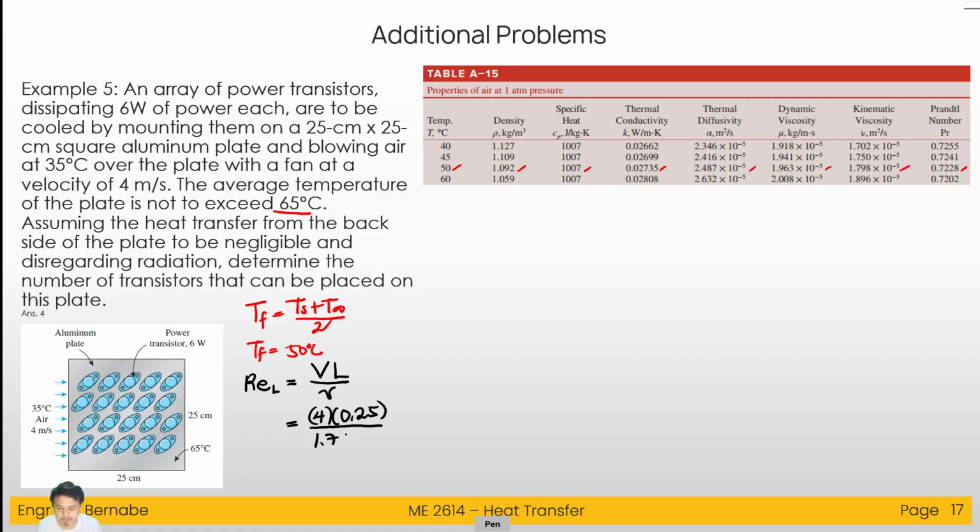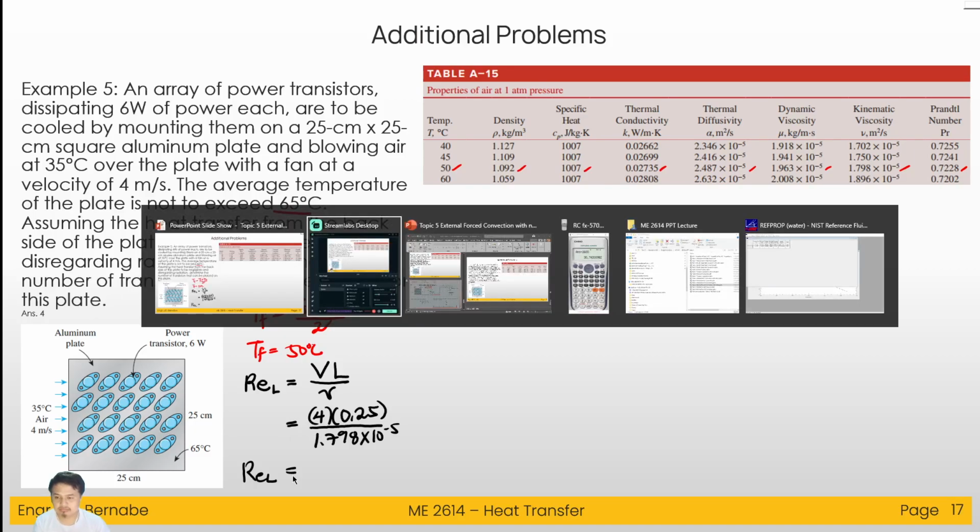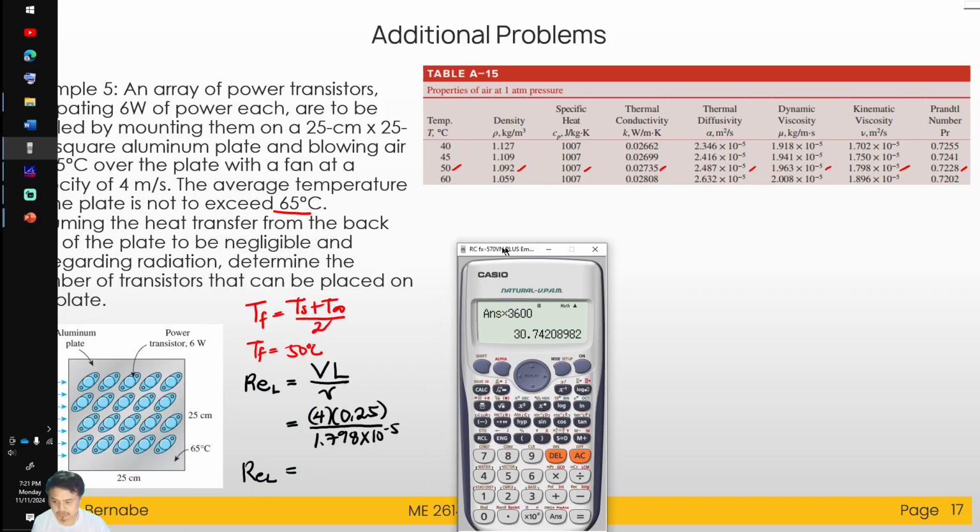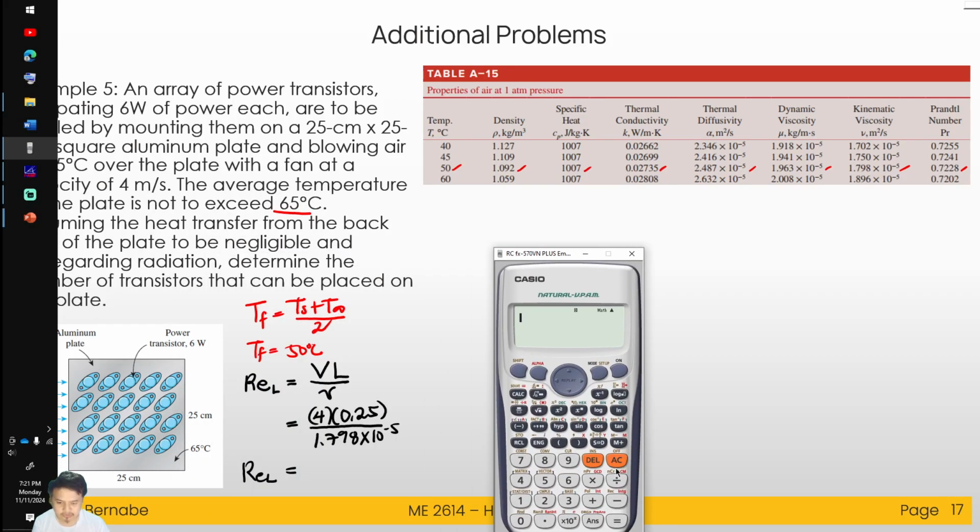Be wary always of the units. We want to determine if this is laminar or turbulent first, so that we can use the appropriate formula that is needed. So you have 4 times 0.25 over 1.798 times 10 to the negative 5.